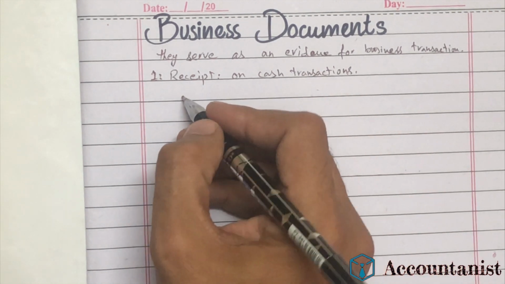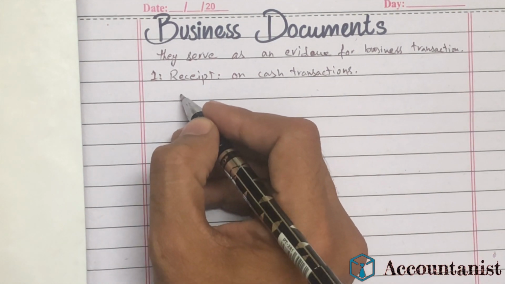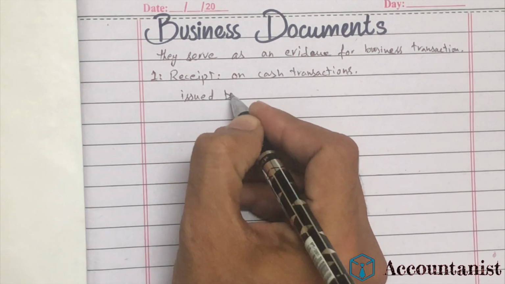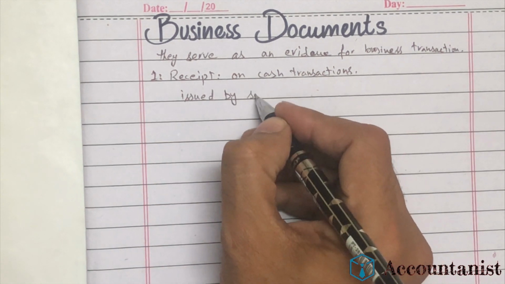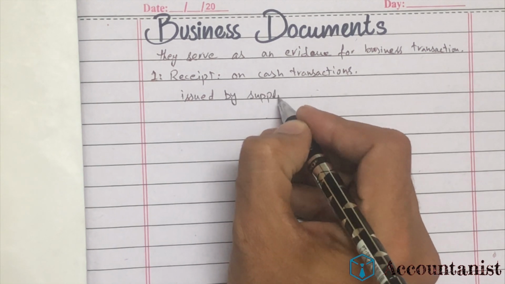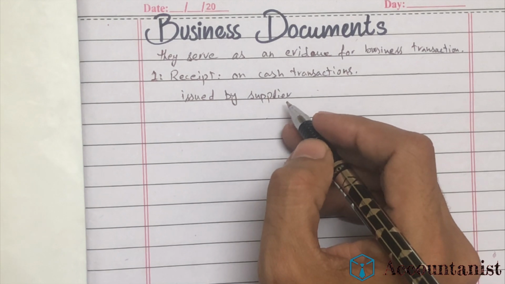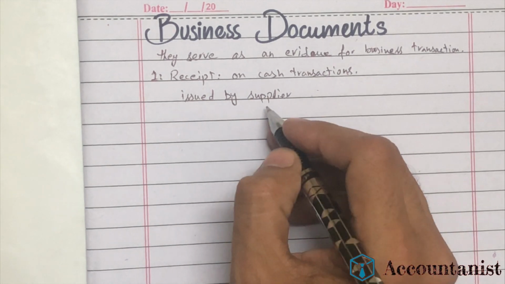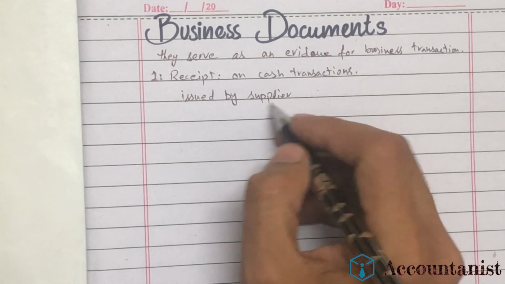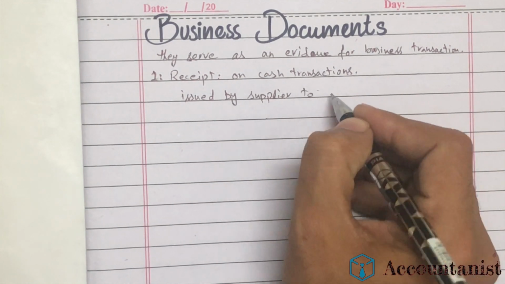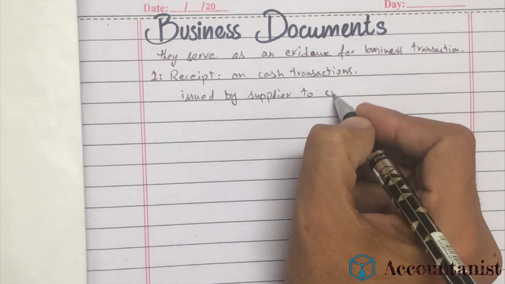Who is going to issue this receipt? This document is always issued by the supplier, obviously, because they have the right to issue this document, since they make the sales. It is issued by the supplier to the customers.